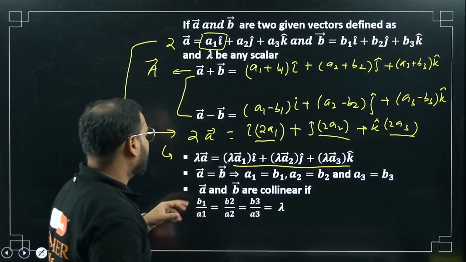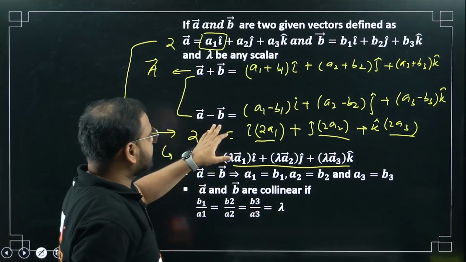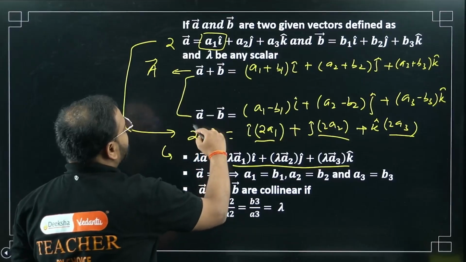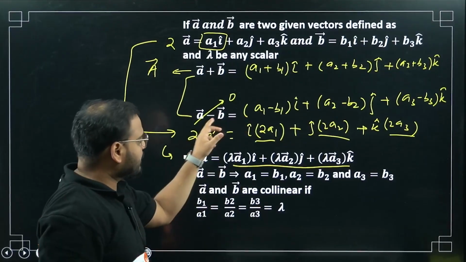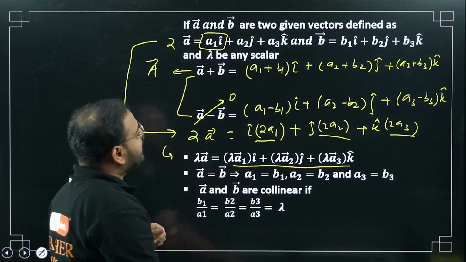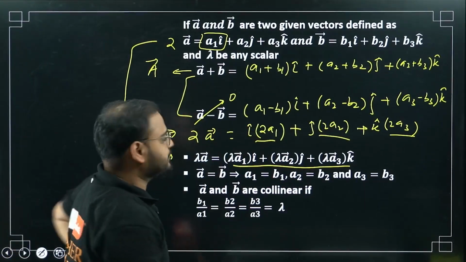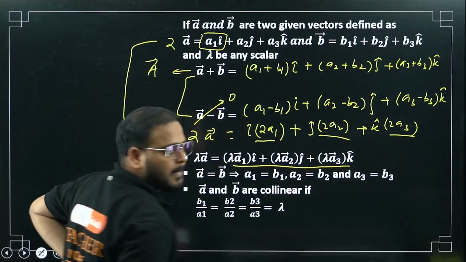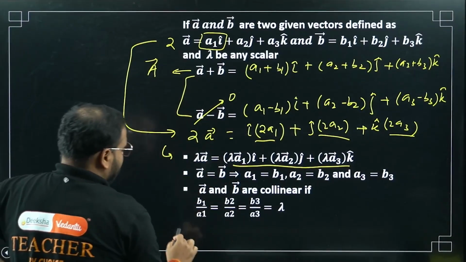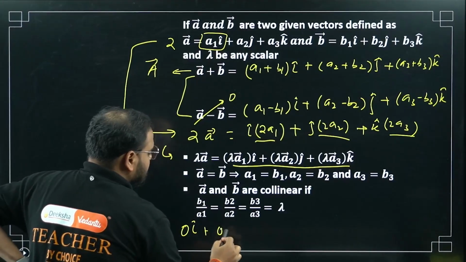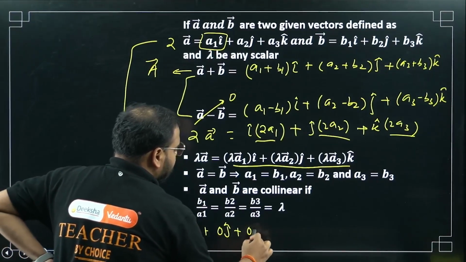Okay, all right. Now in this condition, if A and B were equal, please check. If A and B were equal, what does it mean? This whole thing will become equal to 0, because A and B are equal. Then what will happen? If I have 0 on the left side, it means this everything has to be 0. Correct, right? If on the LHS I have 0, it means 0 i cap, 0 j cap, and 0 k cap.